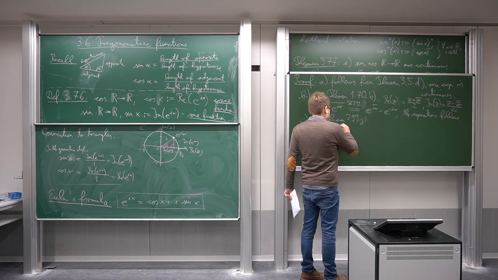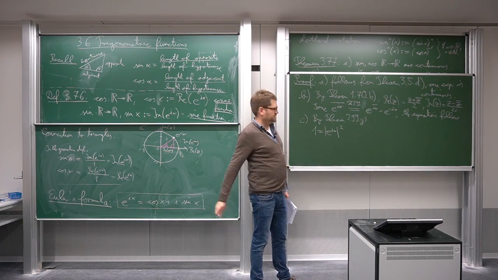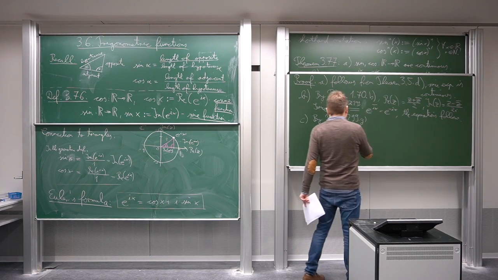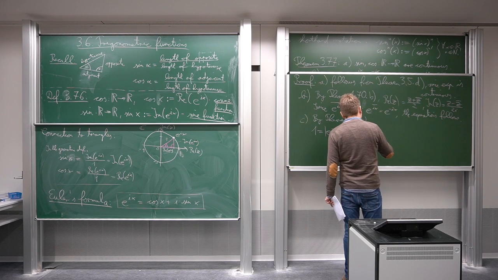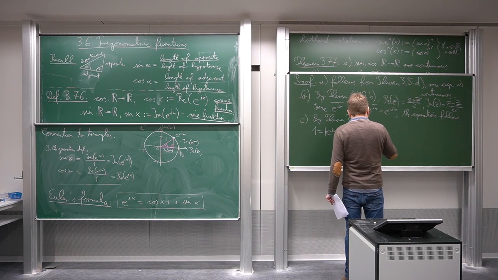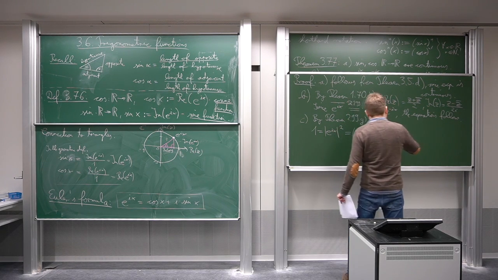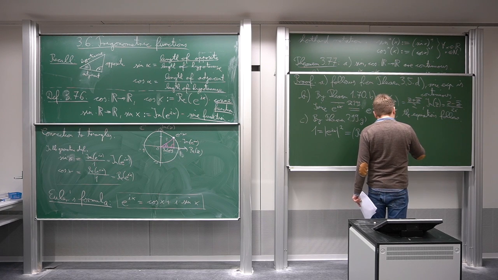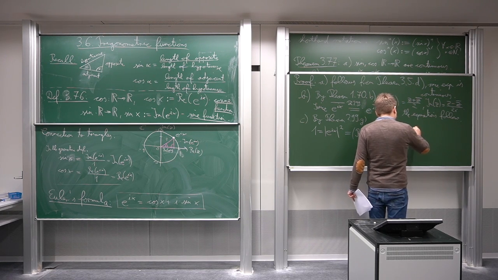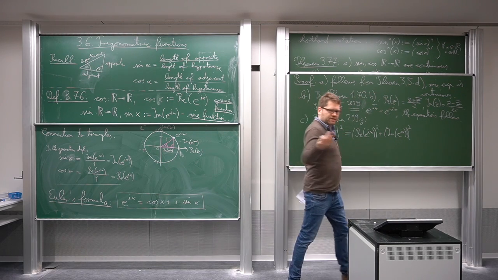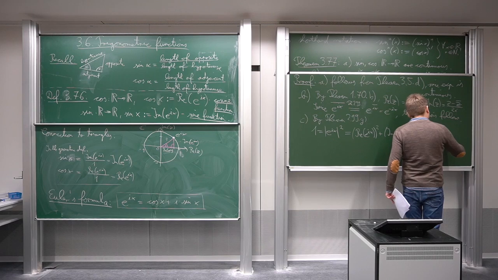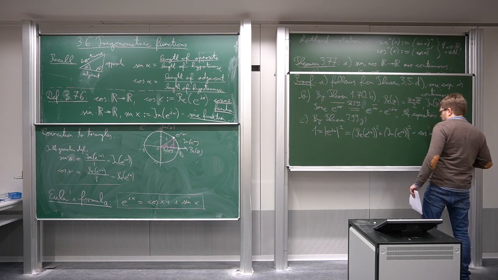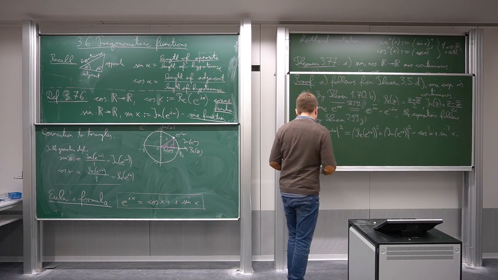And then, of course, also the square of this is 1. But by construction, the square of the absolute value is the same as the sum of the square of the real part plus the square of the imaginary part. This is an elementary property, basically the definition of the absolute value for complex numbers. So we've got this, and now this is just the definition: cosine squared of x plus sine squared of x, and here we go. This was what we needed to show.